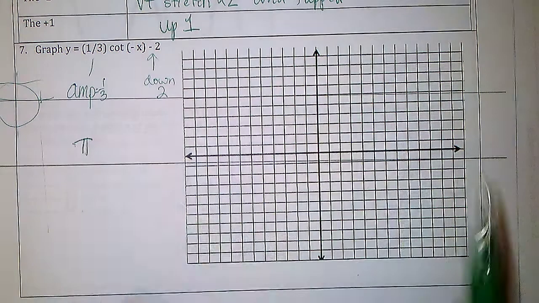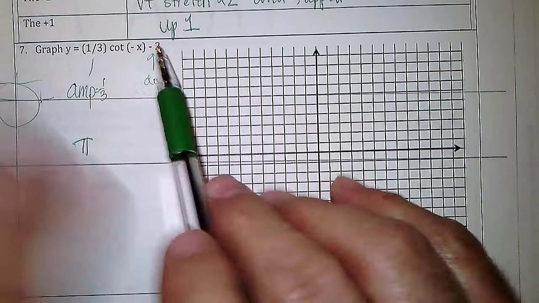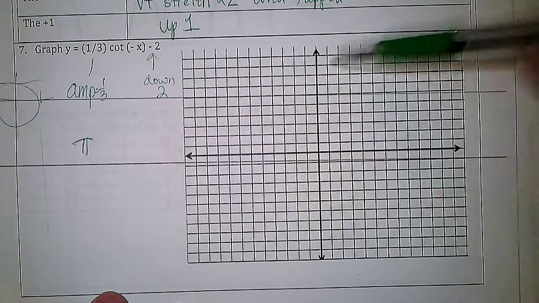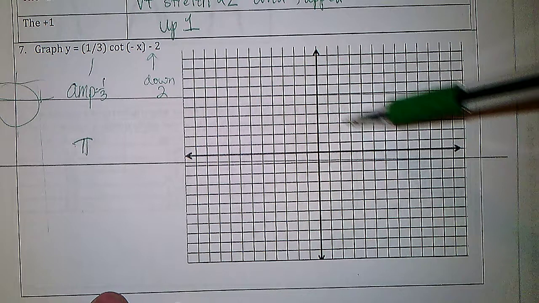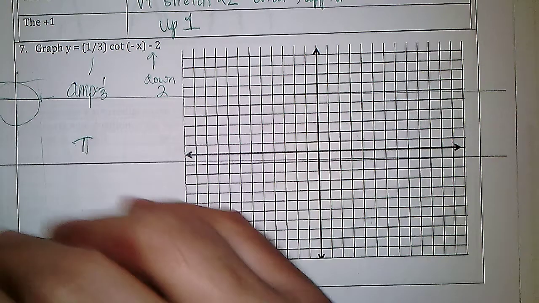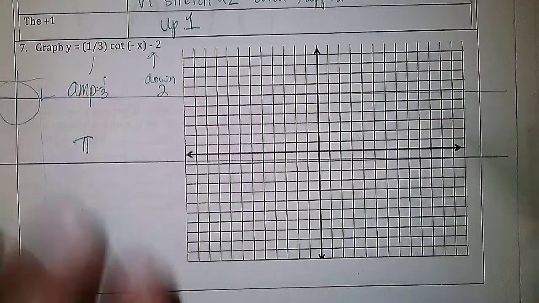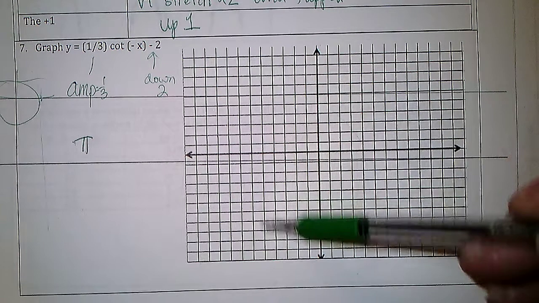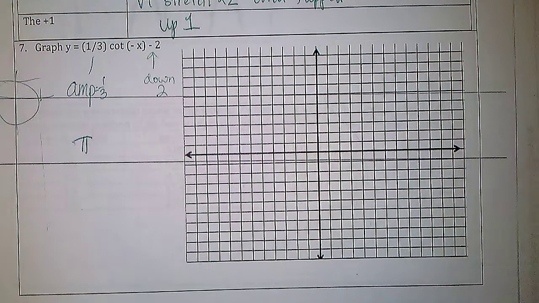The negative on the x inside the function flips it this way. So if the cotangent goes from positive to negative, and we flip it over, it's going to go from positive to negative going this way. So it's going to go like that.